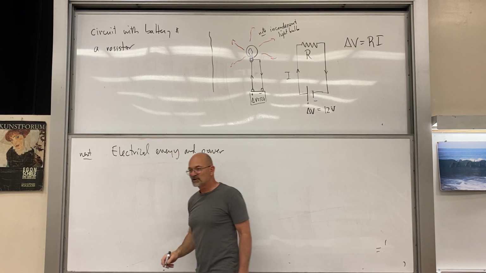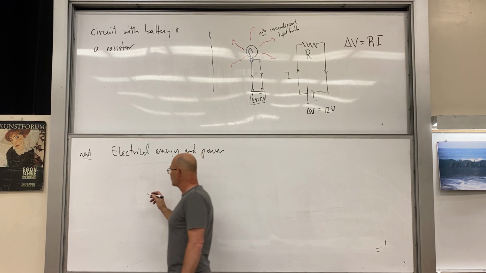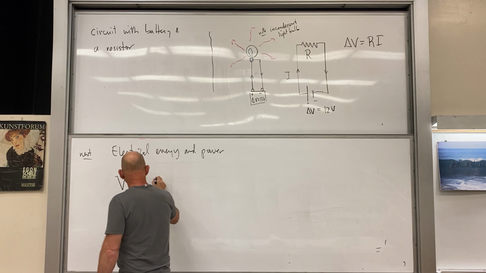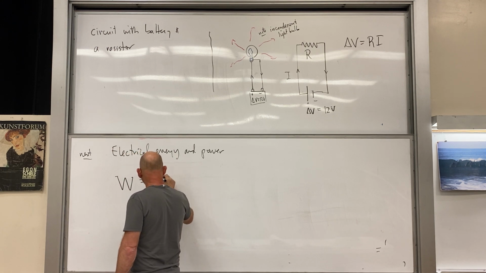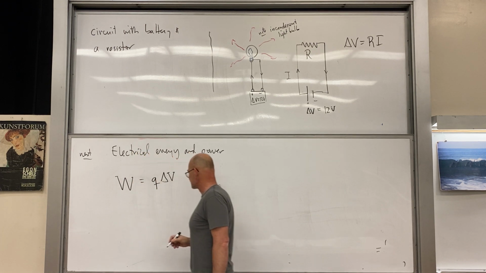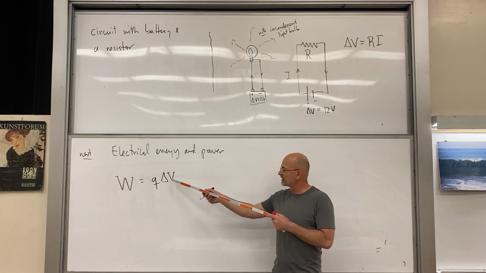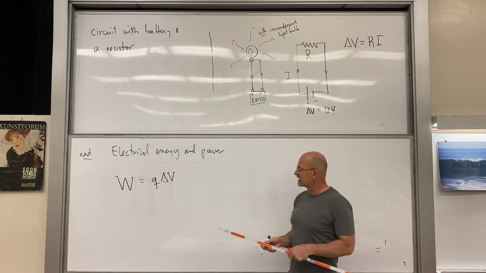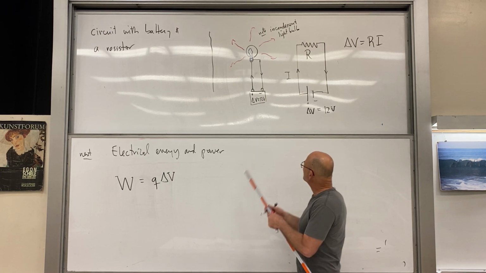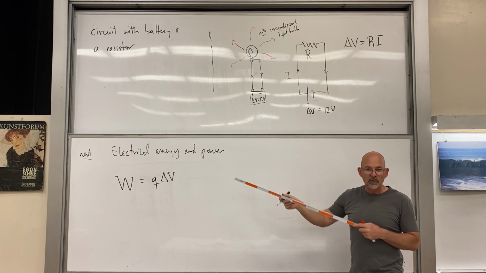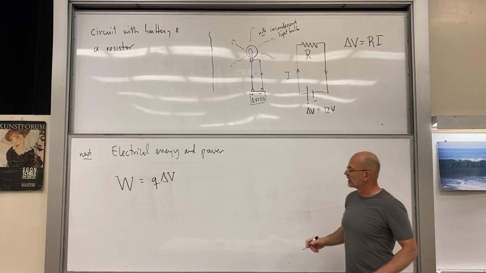So what was our expression for the electrical energy? Remember we had the work was equal to Q times V. I'm going to write Q delta V right now. I'm going to use the delta V in the situations where I'm actually putting some numbers in, because then I can say, for example, delta V equals 12 volts like I did right there, instead of V equals 12V, which is a little awkward.